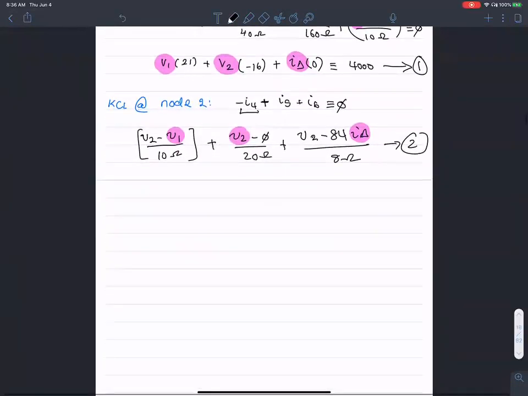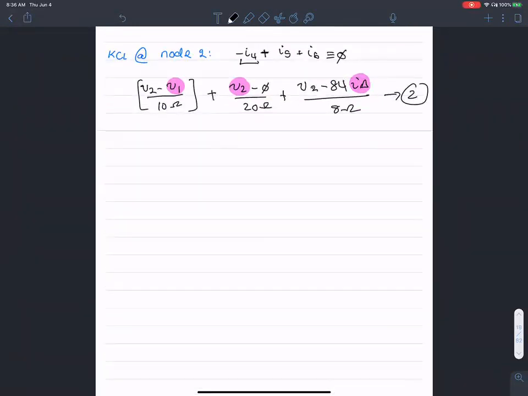But before that, let me give you the simplified version of the second equation. The second equation is going to be V1 times negative 4 plus V2 times 11 plus I delta times negative 420, all of that is 0. That's equation number 2.